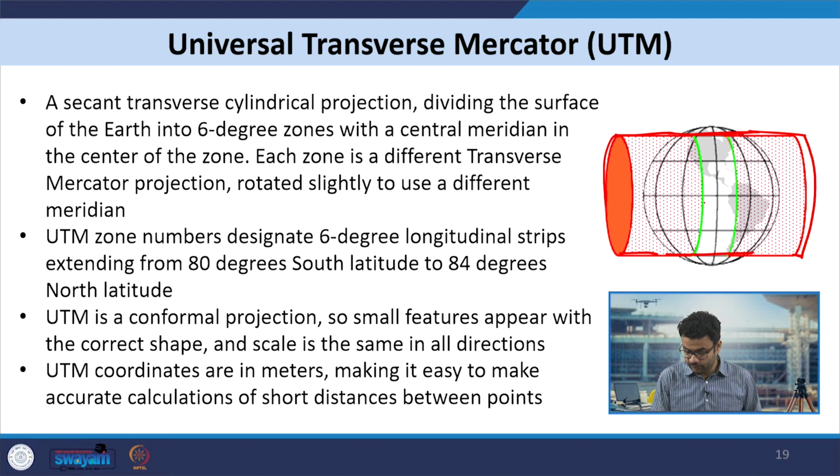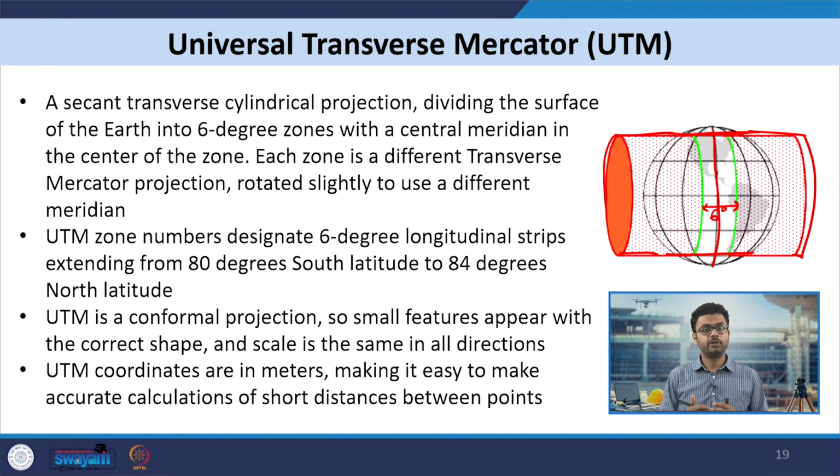So this is one of the zones and this is 6 degrees, and there are 60 such zones. So overall we cover the 360 degrees around the globe. So this is the central meridian in the center of each zone, and each zone is a different transverse Mercator projection rotated slightly to use a different meridian.